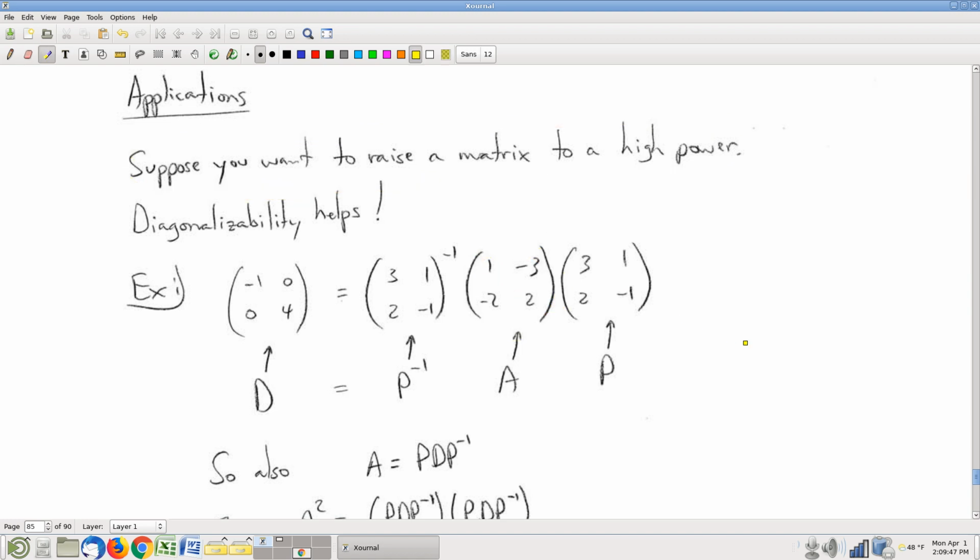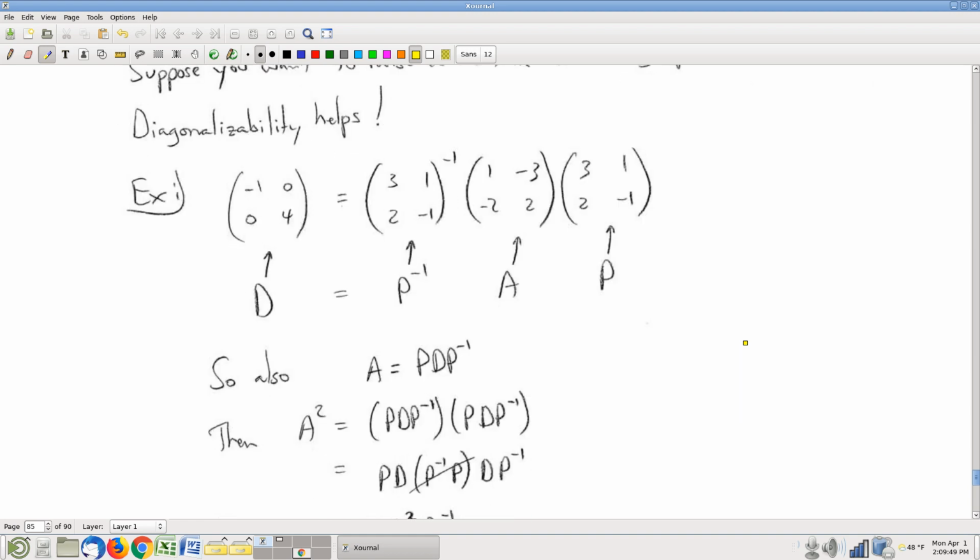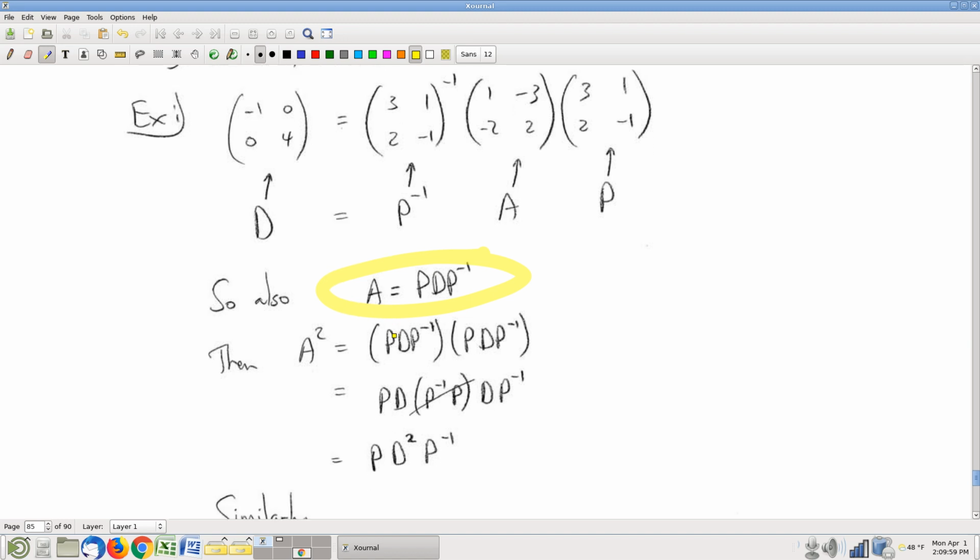Okay, so here's the clever observation to make. If D is a conjugate of A, then A is a conjugate of D, like so. Then A squared is just A times A. Matrix multiplication is associative, so you can sort of group your parentheses like this.